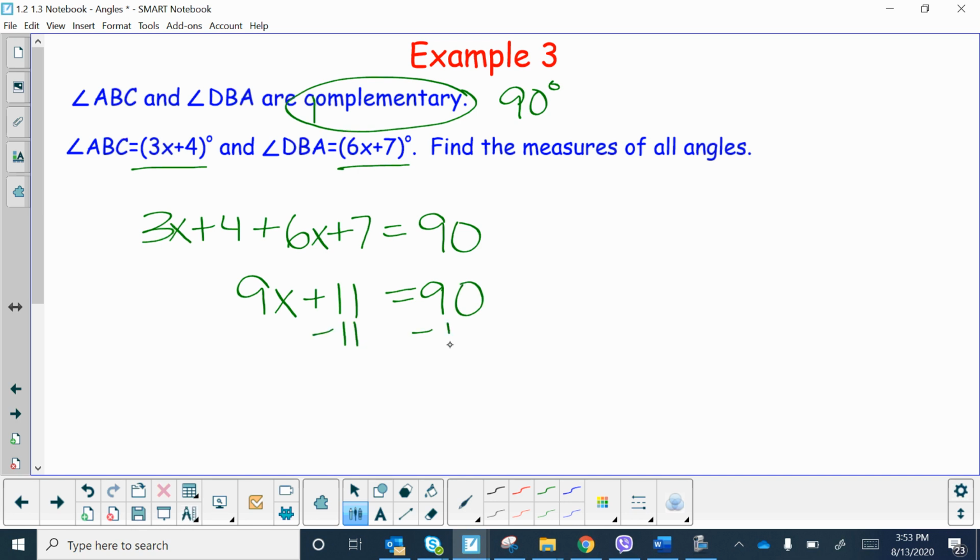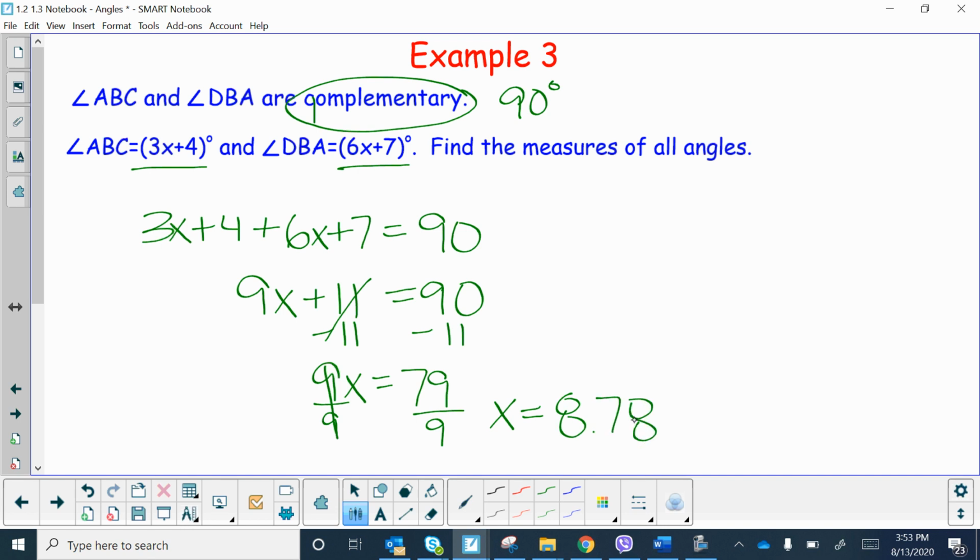Subtract 11 from both sides. 9x equals 79. Divide by 9, divide by 9. x equals, let me get my calculator because that's not evenly dividing, 8.78.